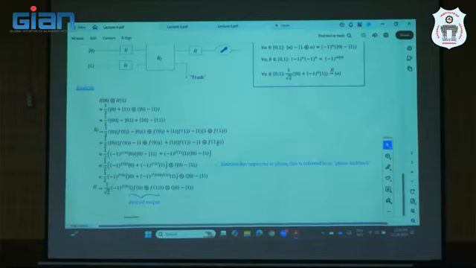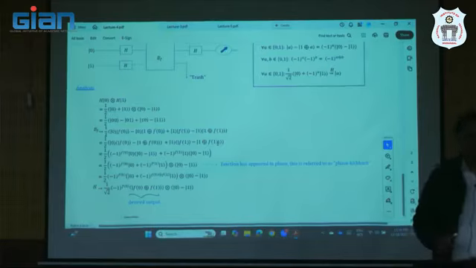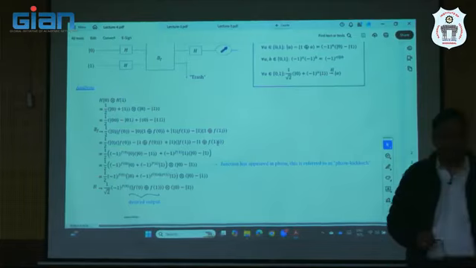Because I cannot write it like this, we call it an entangled state. If we can write it like this, we will call it an independent state.